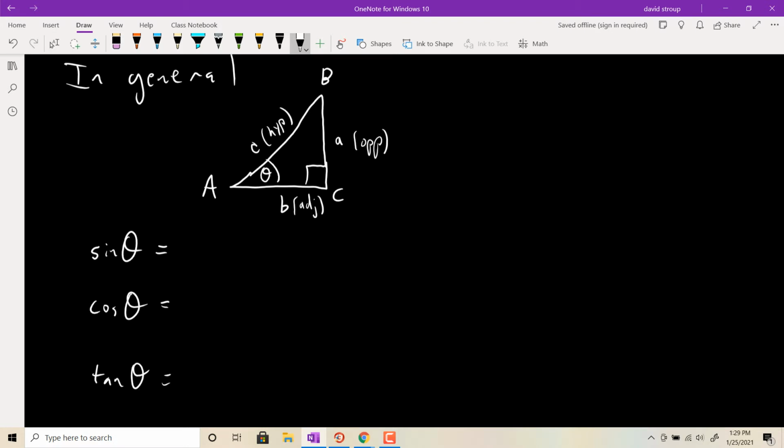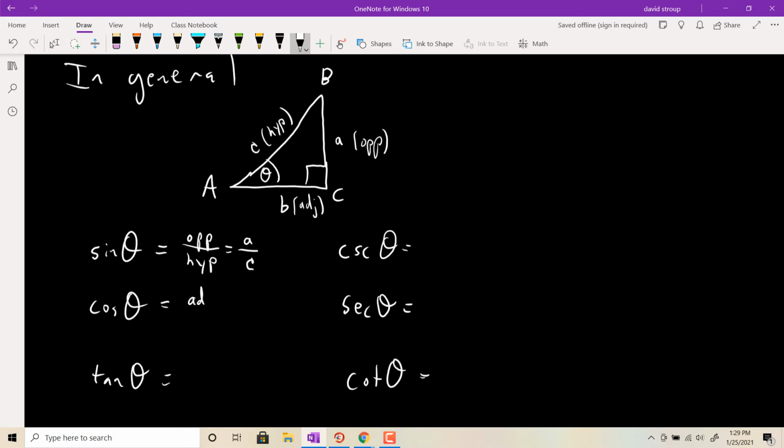And then, of course, we have cosecant, secant, and cotan. Okay, so sine is going to be opposite over hypotenuse. And of course, in our picture, that will be little a over little c.